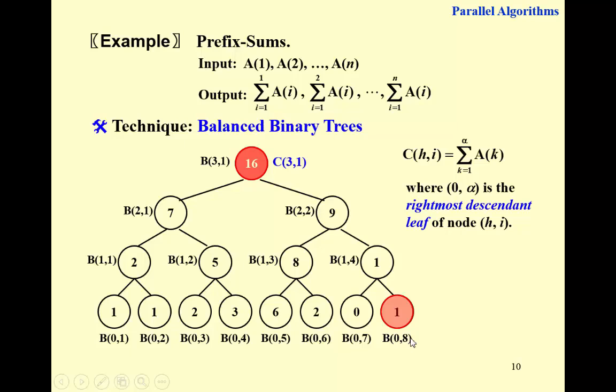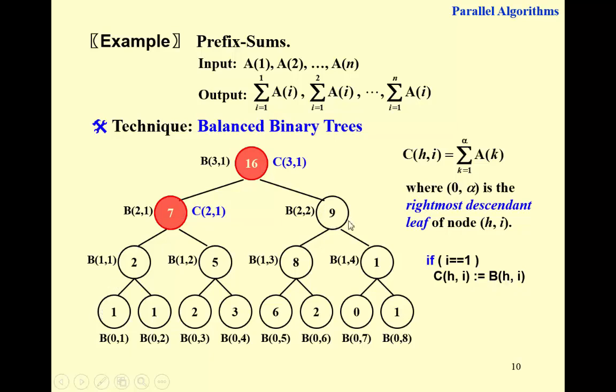That gives 8, right? And this B of 2,1 is just equal to C of 2,1, because that corresponds to the sum from 1 to 4, and so on and so forth. So one pattern we can find here is that when i equals 1, C of h,i is just equal to B of h,i. So this part is done.